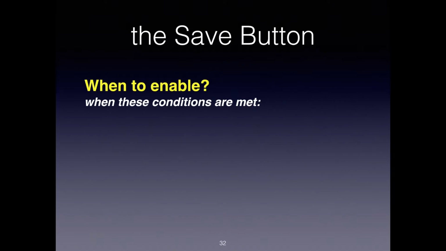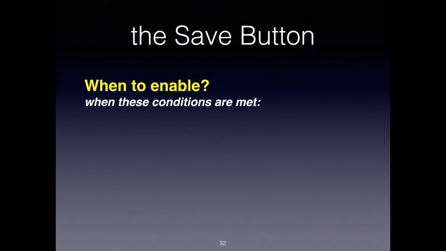No matter what you did, if you made some edits or a mistake, you just want to hit cancel and bail out of there. With the save button, if you make mistakes and you don't notice them, it's not a good idea to save them. So you want to use the program to prevent you from saving bad data.